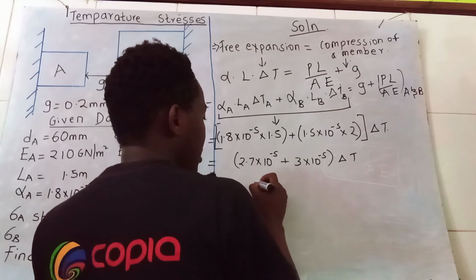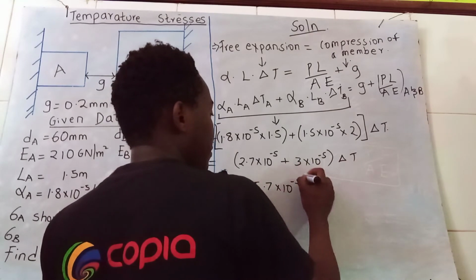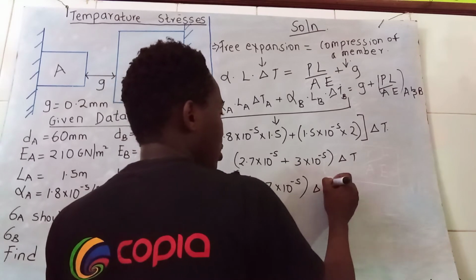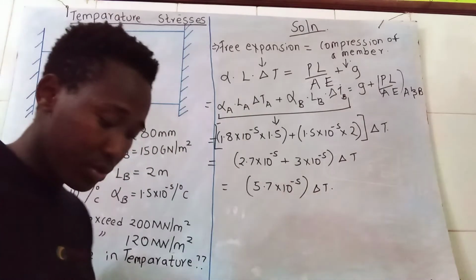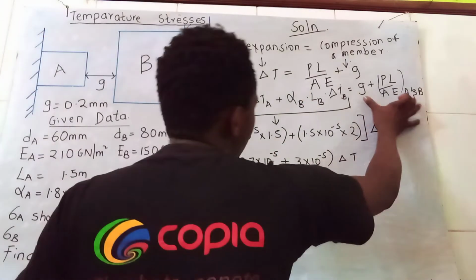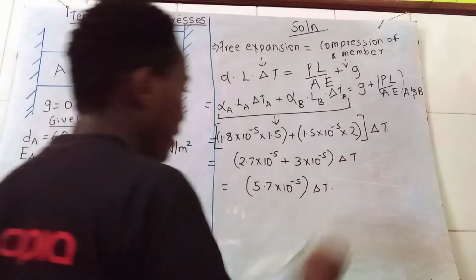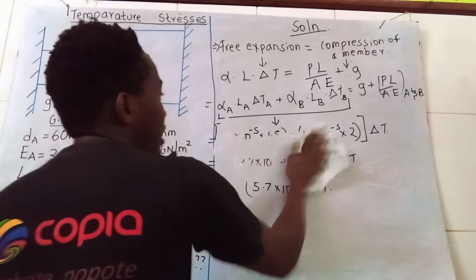So the sum of that is 5.7 times 10 to the negative 5 times the change in temperature. So we have solved for the first part of the equation. So let us now solve for the second part. So bear in mind of these parts. Allow me to rub.